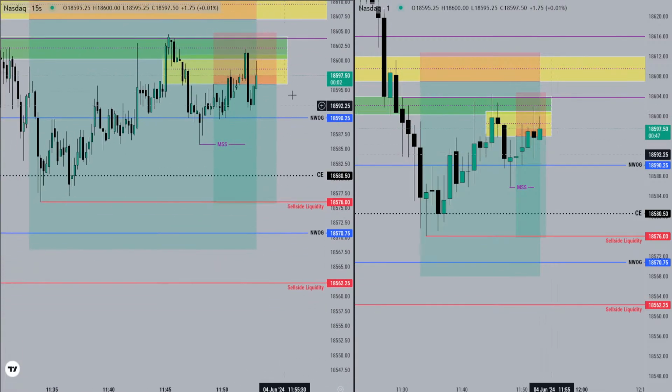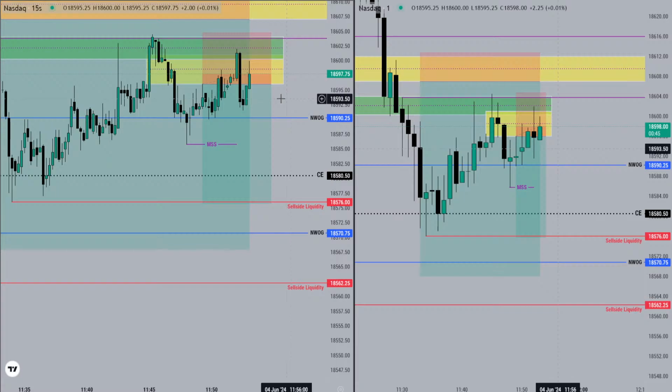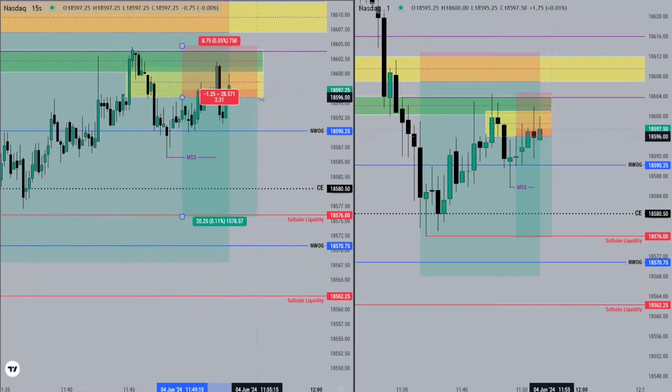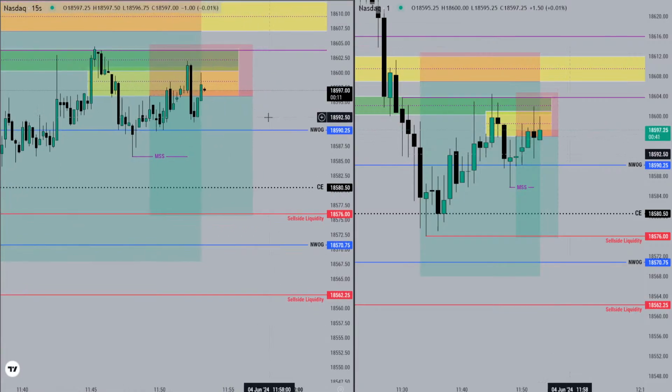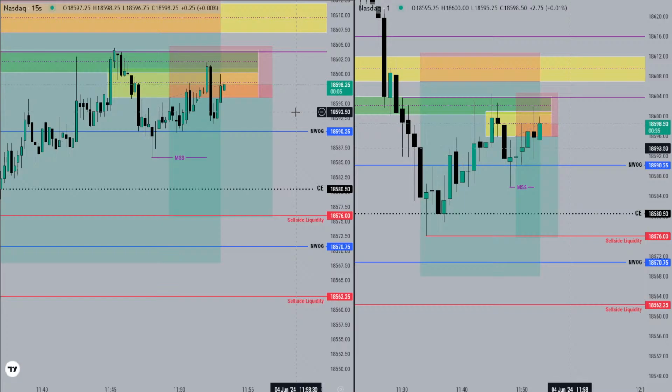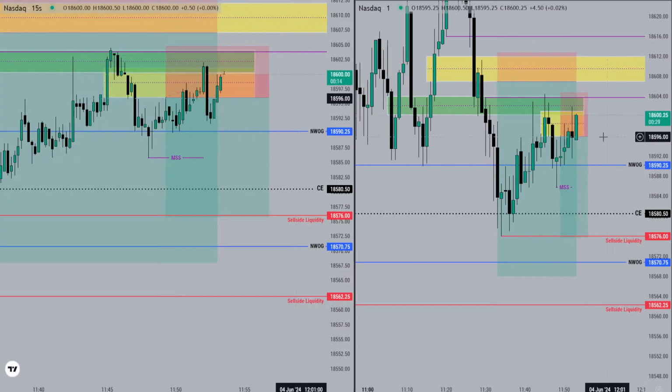Not giving me any unfilled fair value gap. Without unfilled fair value gap, I just can't expect the expansion. This is the hardest part of trading. When you don't get something you are expecting, you are not getting that. It is extremely difficult to trade around that area.